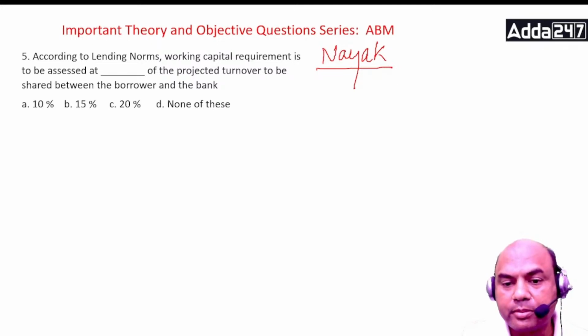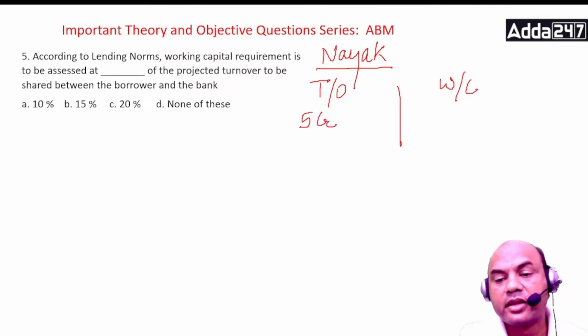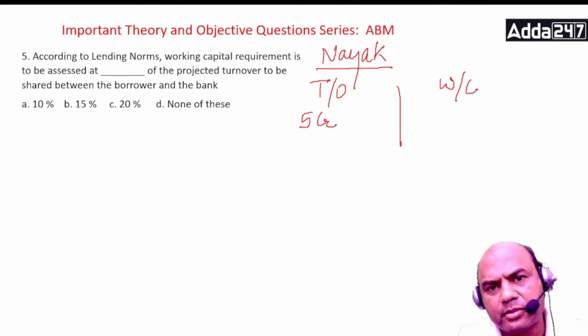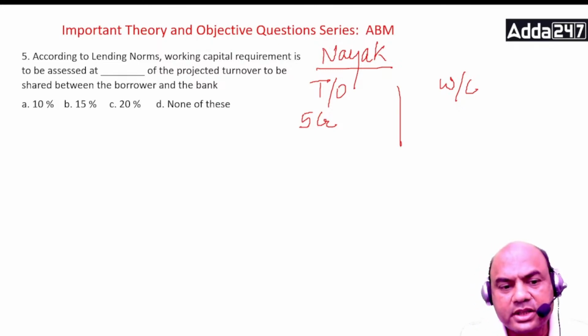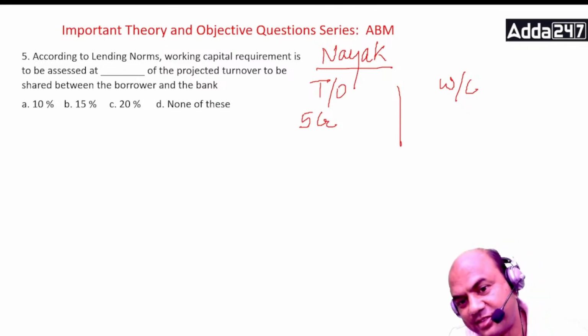Here, what is the NAYAK Committee recommendation? Firstly, there are two comparisons: one is turnover and second is working capital. It says that if the turnover of any company is less than 5 crores, then dash percentage of this working capital will be required by that company. What is that dash?